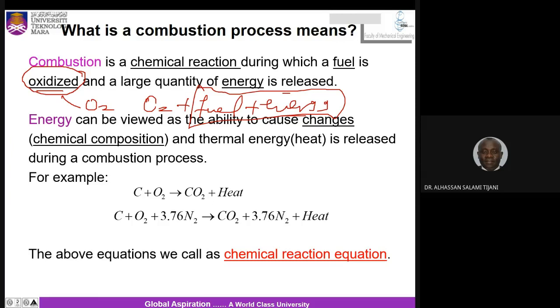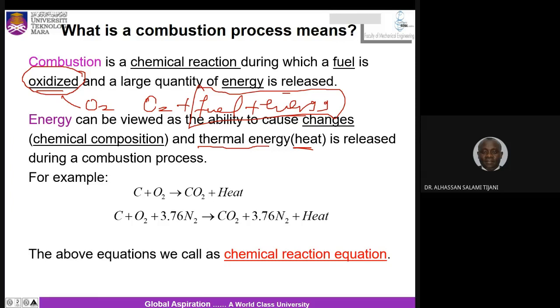There are various types of energy: mechanical energy, thermal energy, kinetic energy, and so on. Here we are limiting ourselves to the thermal energy aspect, which is the heat. So the main product of any chemical change or the combustion of a fuel is thermal energy, in the form of heat.